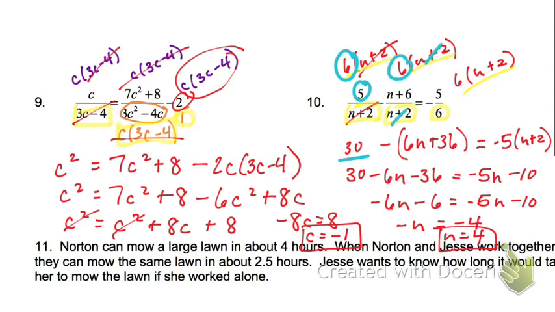Minus then 6 and n plus 6. So I just went ahead and multiplied and did 6n plus 36. And then the 6's cancel on the last one. So I'm combining -5 and n plus 2. From there you distribute and get n equals 4.